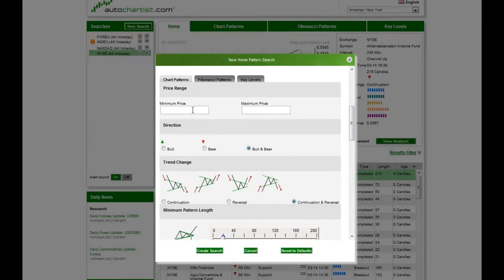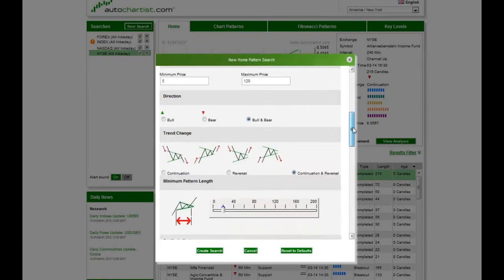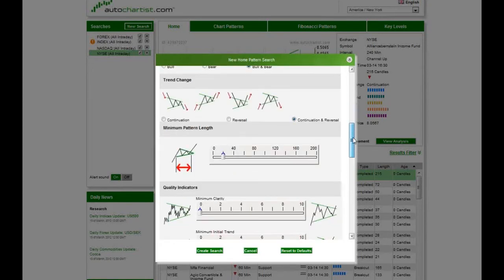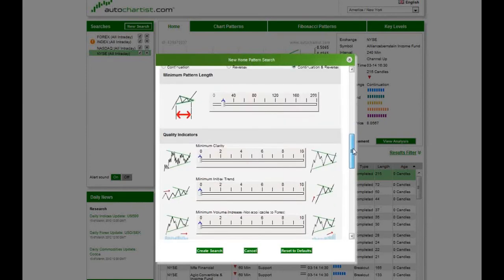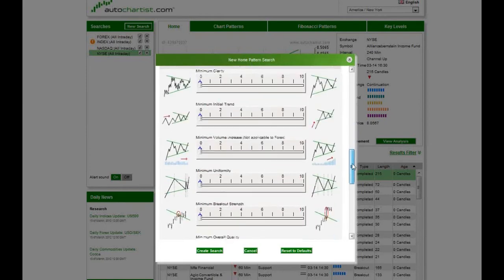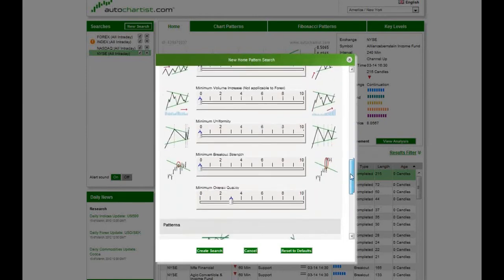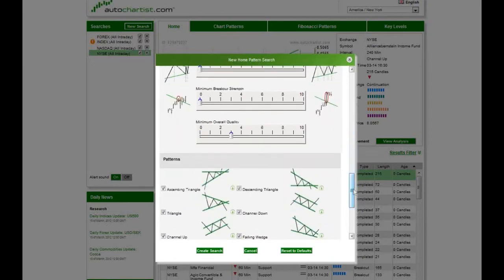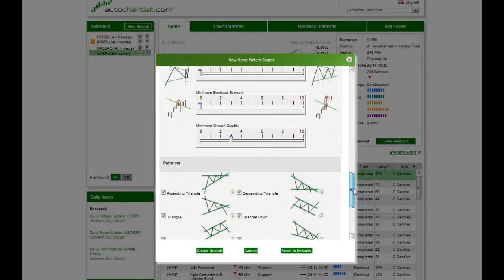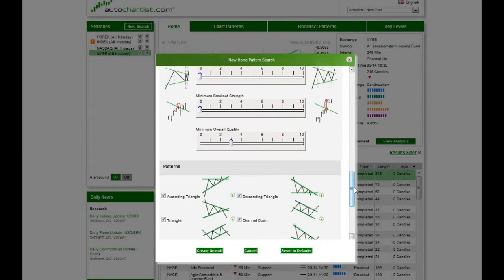So, for example, if I'm trading stocks and I want to avoid penny stocks, I can put a minimum price of, let's say, $5 for a stock, and a maximum price of, let's say, $120 for a stock. I can look for bullish or bearish signals. In this case, I want both. I can look for reversal or continuation patterns, and all types of indicators which are geared really towards the more sophisticated technical analyst. I normally like to leave all my search criteria as default.